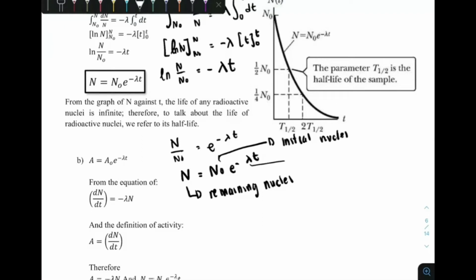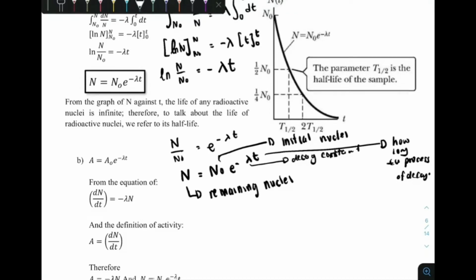Okay, lambda dekat sini adalah decay constant. The probability how much dia akan decay dalam masa 1 saat. T dekat sini adalah how long the process of decay. Dekat sini.